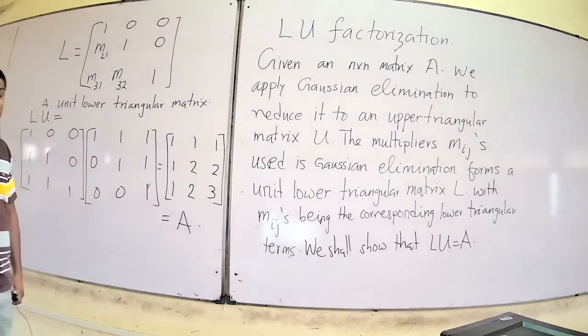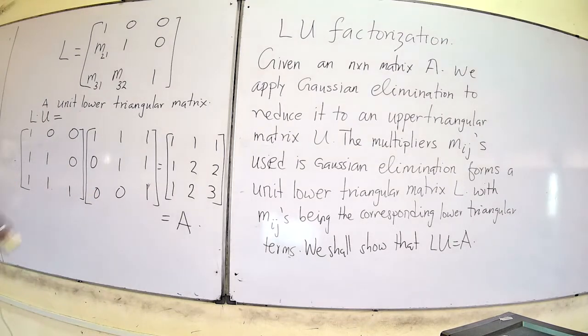We have to show that LU is equal to A. The example verifies that L times U is A, but the example is not enough; we have to prove it mathematically. So we shall use the notations which we defined already, and then we will prove it.